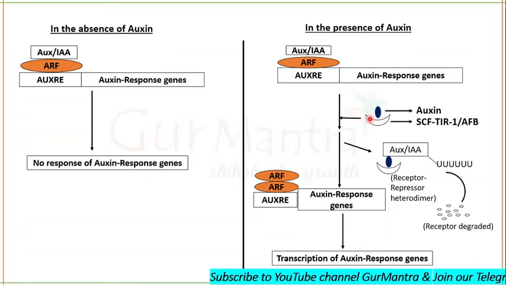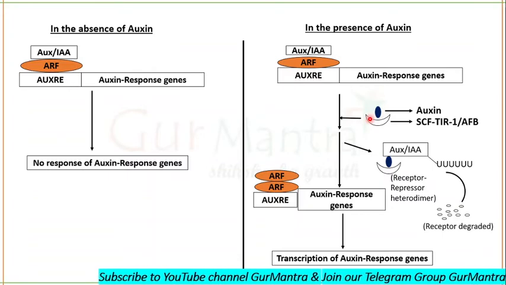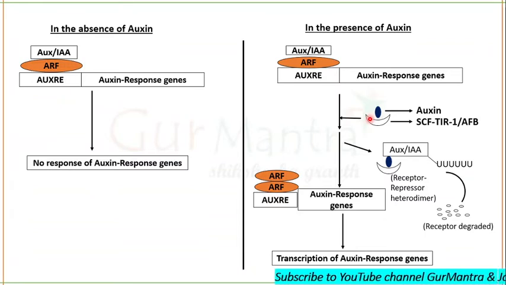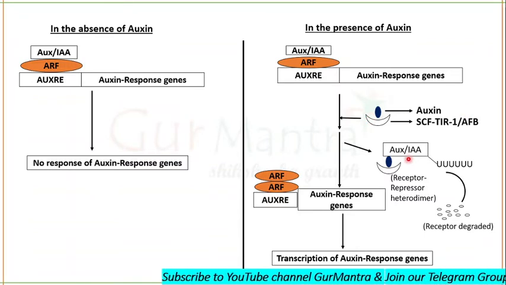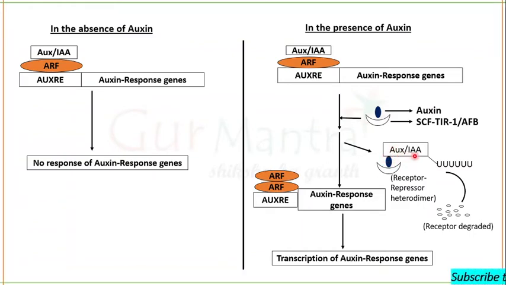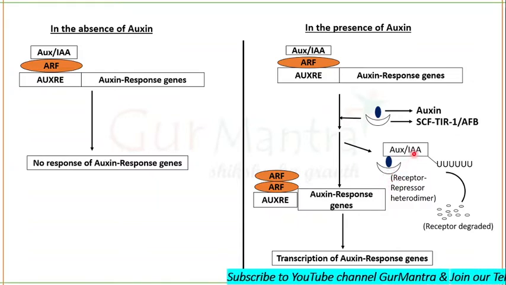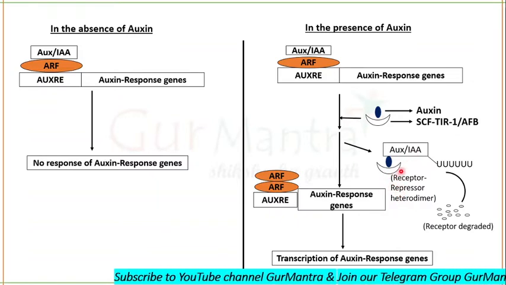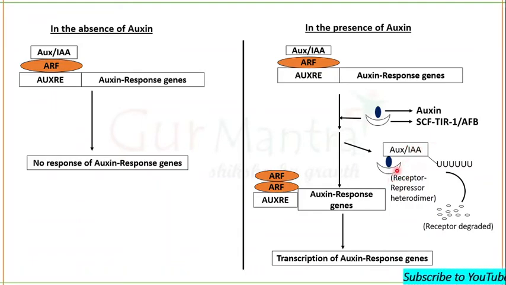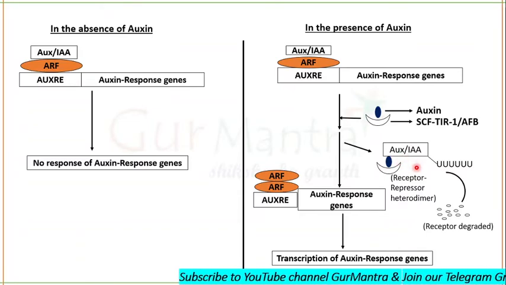As you know, a receptor has the ability to cause ubiquitination of a protein and target it to the 26S proteasome for degradation. So auxin will recognize the AuxIAA repressor, and there will be the formation of a receptor-repressor heterodimer. This is the repressor, this is the receptor.